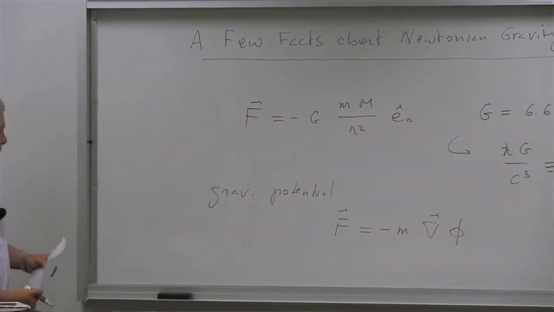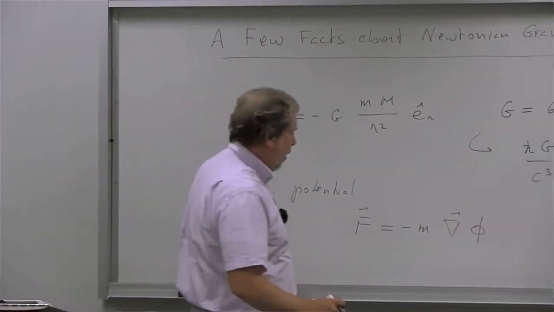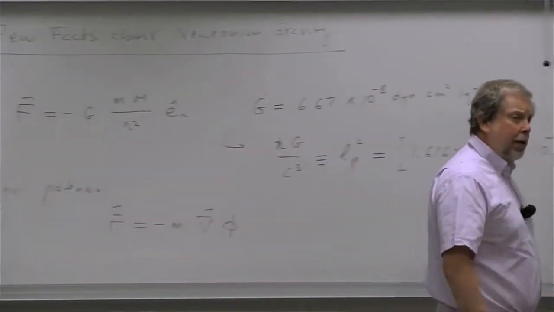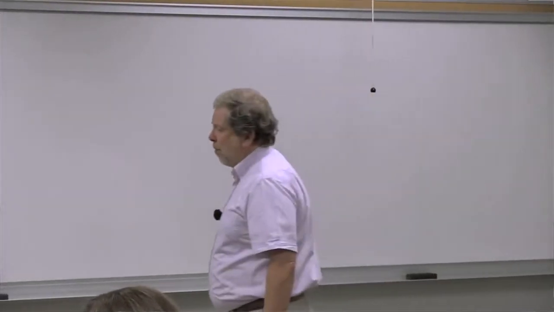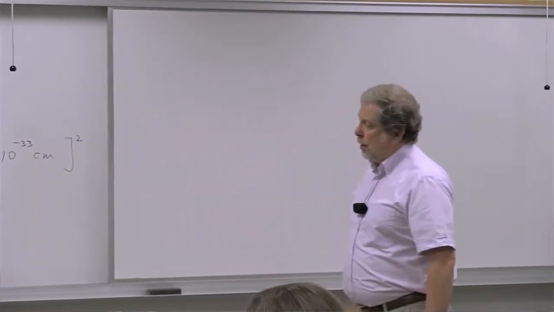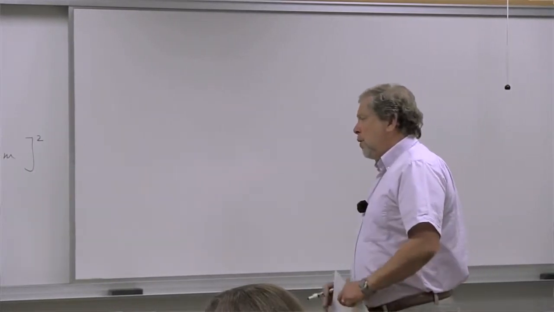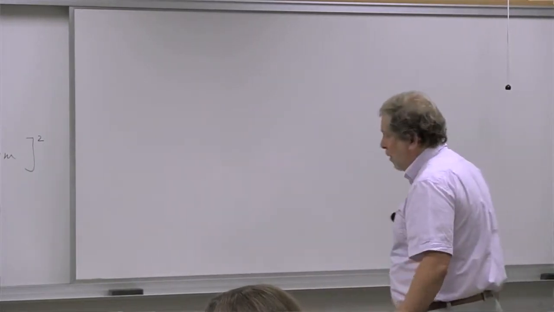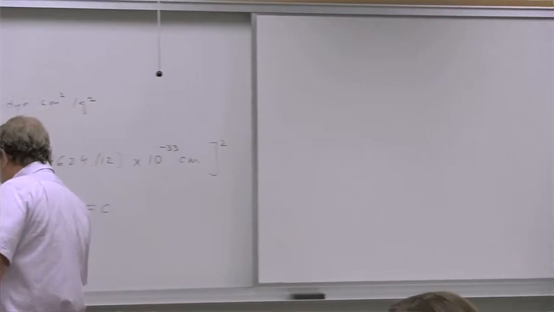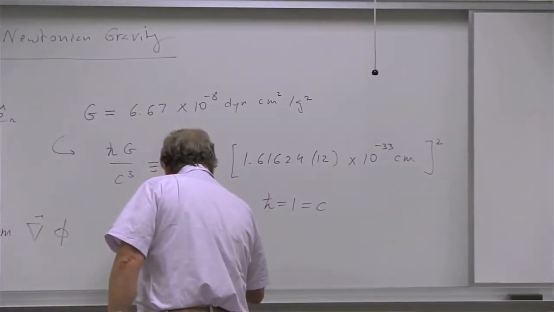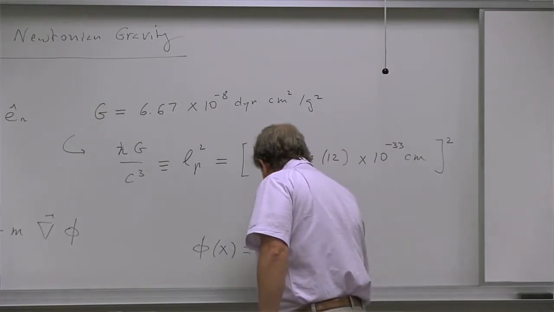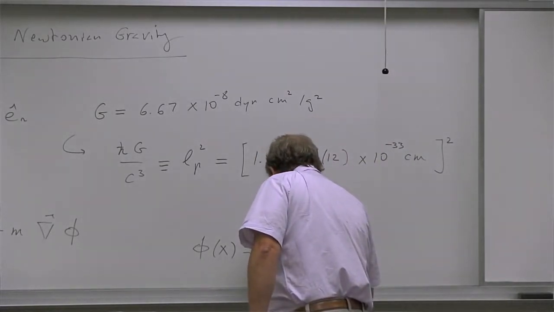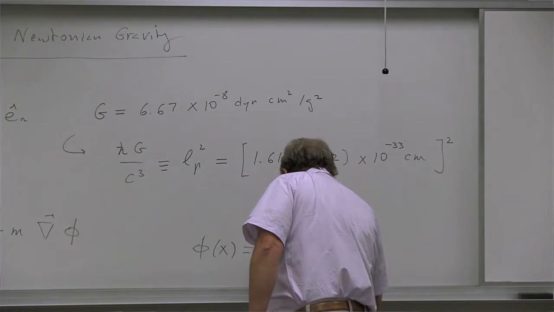And that is useful for a number of reasons that we already appreciate when we do electromagnetism, that it can be very convenient to have a potential instead of a force field. So, for example, we can write the potential for a point source as phi of x is equal to minus mG divided by the magnitude of x minus x naught.